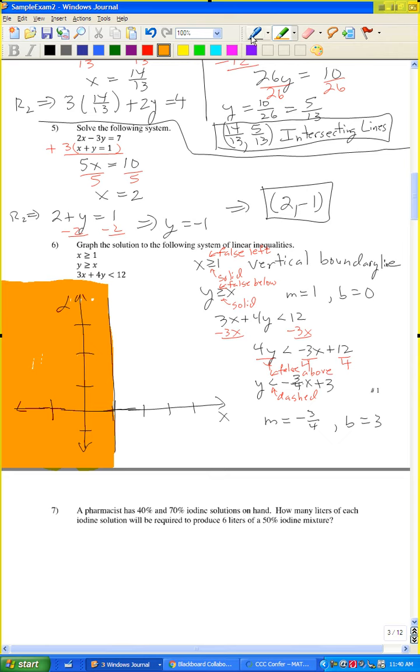Good enough. Okay. Next. x equals 1. Okay, so the y-intercept is 0. It's solid. And slope is 1. So over 1, up 1. So it's a 45-degree angle. And it's false below. So let's get rid of all this stuff below.